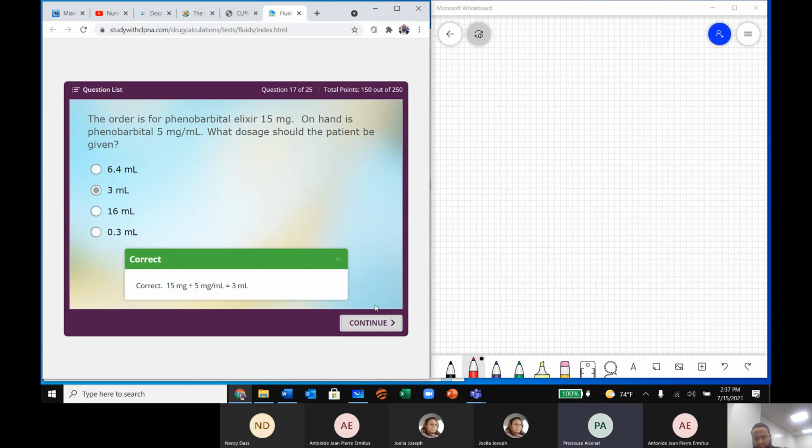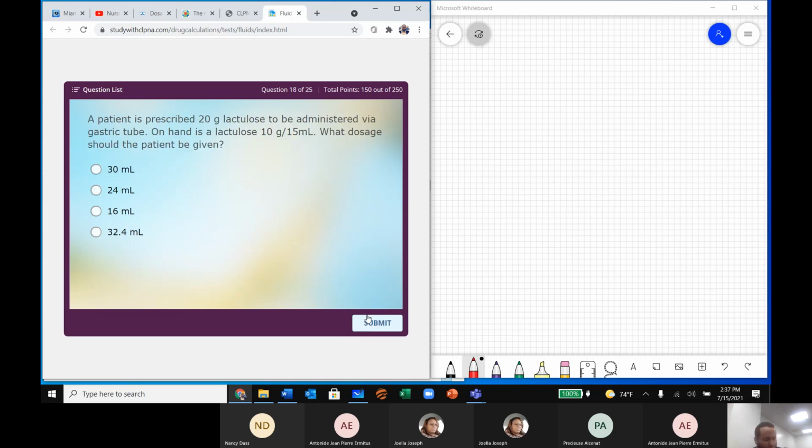I love it. Little by little, we're getting all of them. This is a skill that we need to develop. How do you develop the skill? The more problems you do, the more skilled you will be.